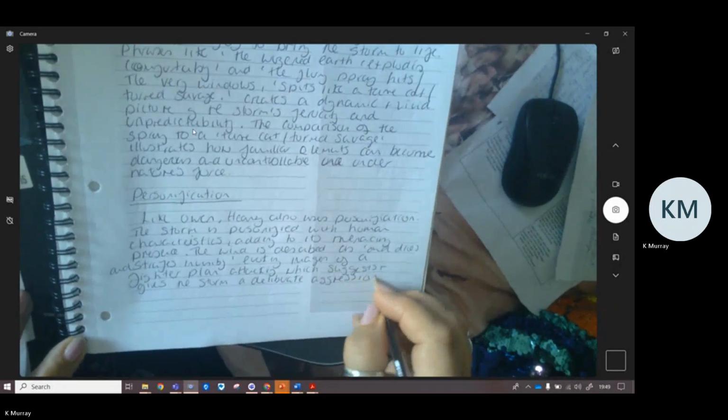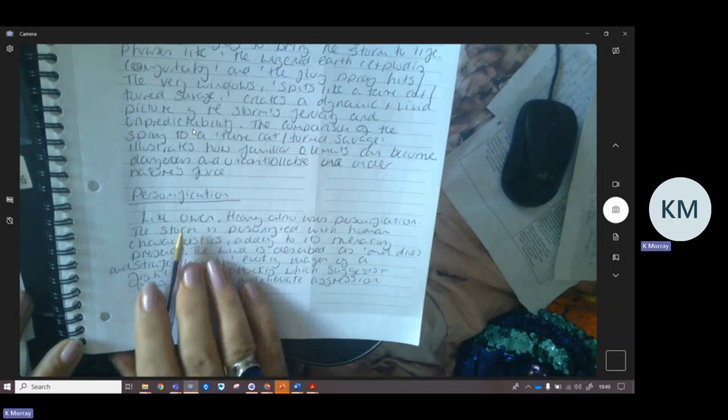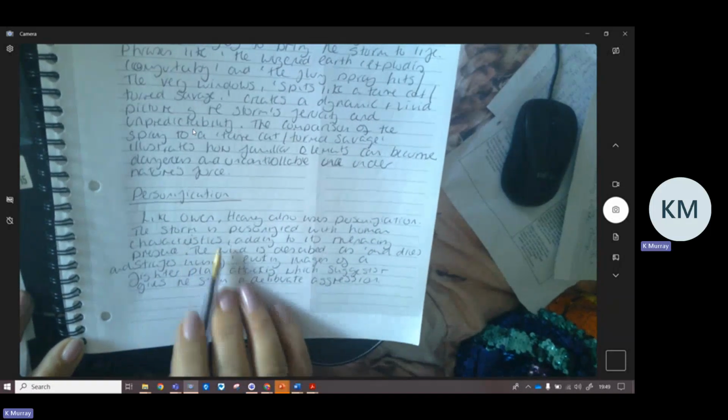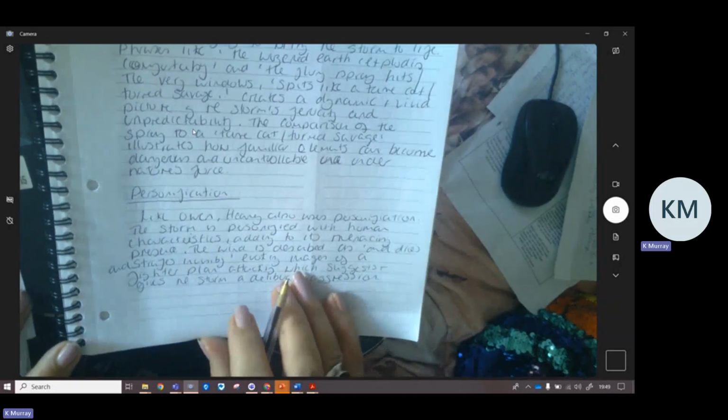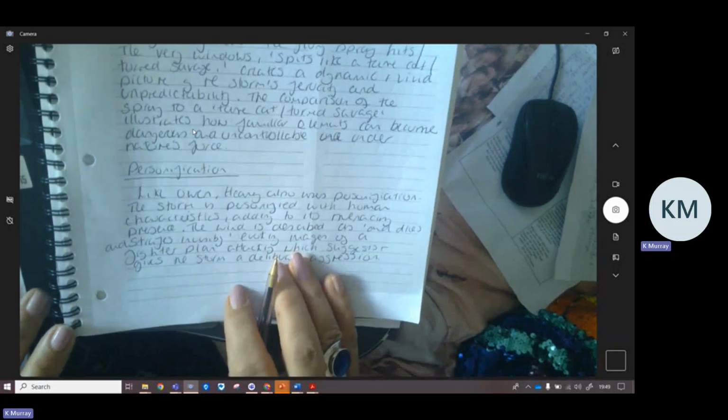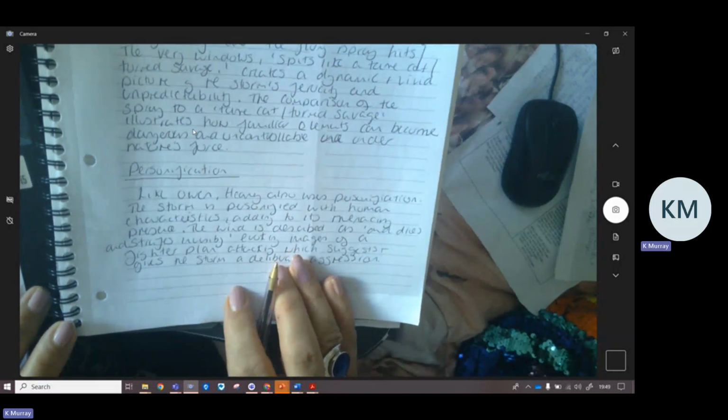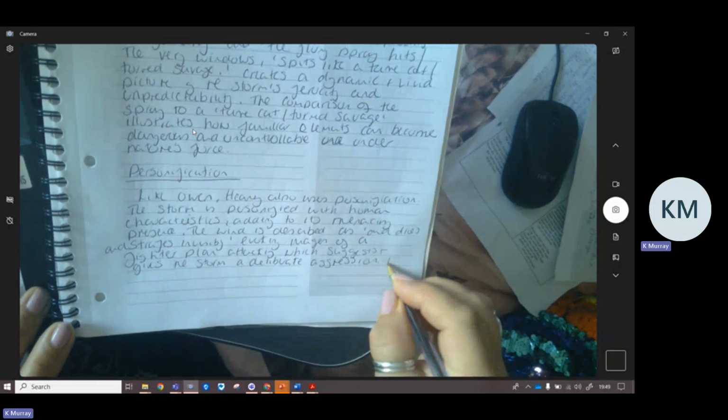Okay, right, that's what personification does. It makes whatever's happening sound deliberate. Okay, and that's why the natural world is so frightening in this poem, isn't it? Because the natural world is deliberately attacking the island and the people upon it.